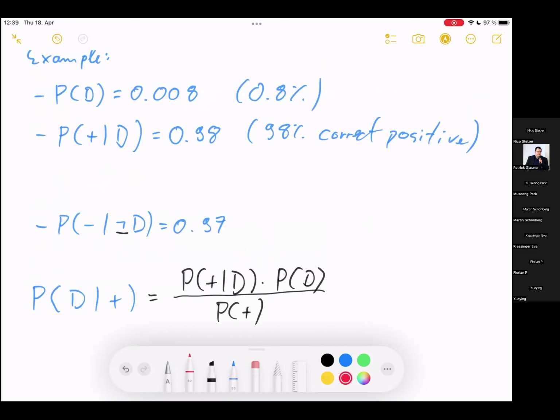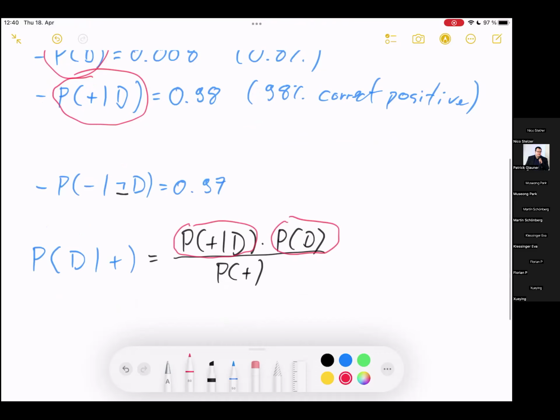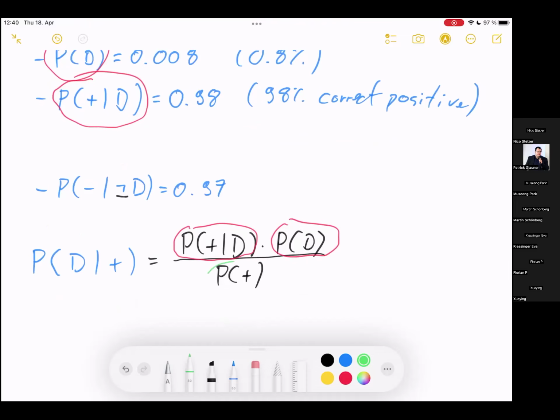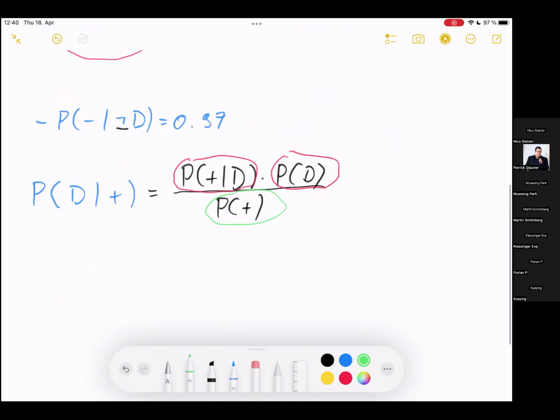And there are some of these things we have already at hand. We know the prior, so this one is something we've got, and P of plus given the disease is something we have as well. So these are two probabilities we have already. This one down here, P of plus, we don't have yet. So we need to rethink how we can calculate that.